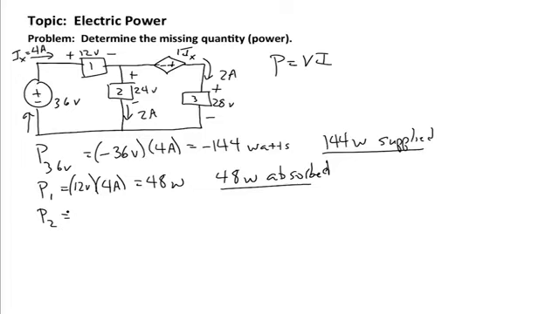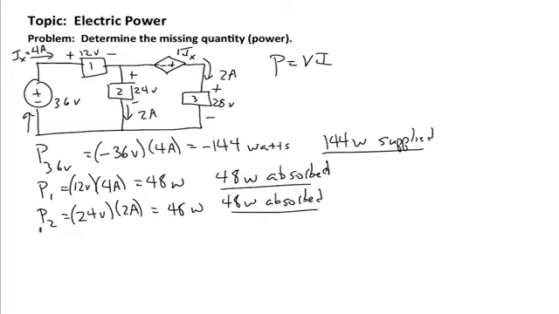So power for element 2 is going to be 24 volts times 2 amps, and that gives us 48 watts of power once again. And again, that's a positive power, so we end up with 48 watts of absorbed power associated with element 2.